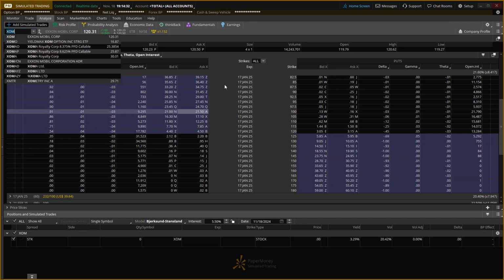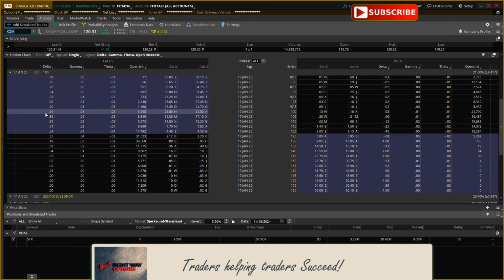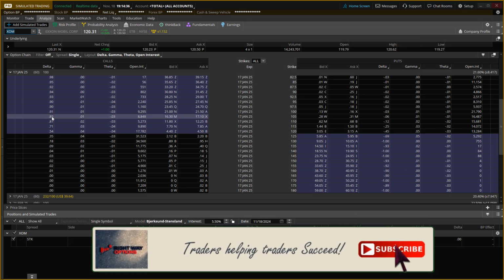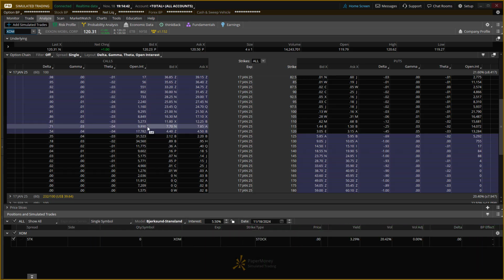Okay. And anytime I'm doing any long position, I'm always going to be somewhere between 70 and 80 deltas, and I'm looking for good, strong open interest. So I've got a beautiful open interest here on this trade, which means I'm not alone in thinking Exxon Mobil could be bullish. Okay, that it may be ready to go. There's a lot of folks trading this to the long side thinking it could go up.